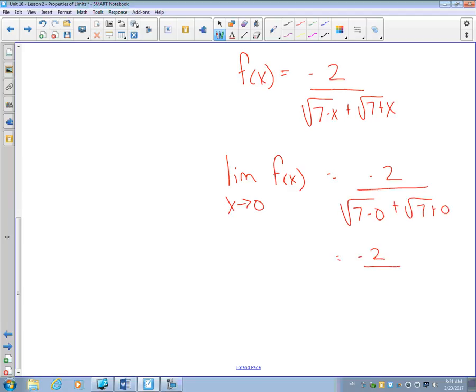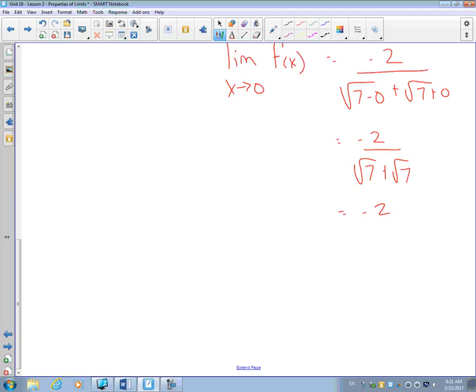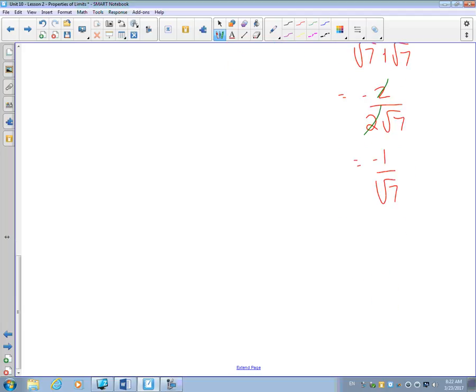So we get negative 2 over root 7 plus root 7, which if we simplify a little bit more gives us 2 root 7s. And we can cancel those 2s, same thing top and bottom. We get negative 1 over root 7. In other words, we've now proven there's a hole. We got that from the 0 over 0 at 0 and negative 1 over root 7.